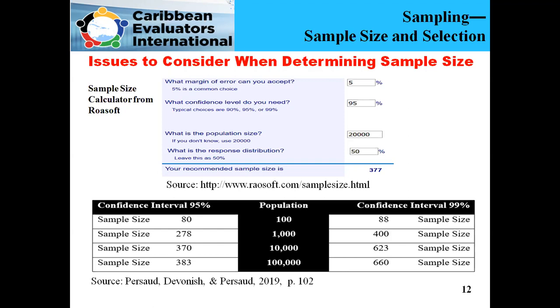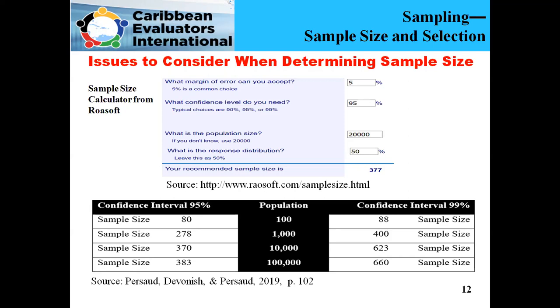It is always a good idea to also make your sample size slightly larger to cater for possible non-responses. So as you can see, we have a recommended sample size of 377 participants, but there's no guarantee that all of these 377 participants will actually respond when we contact them.